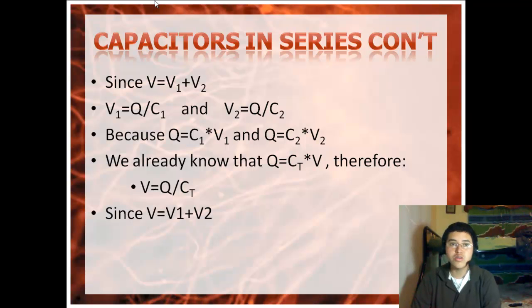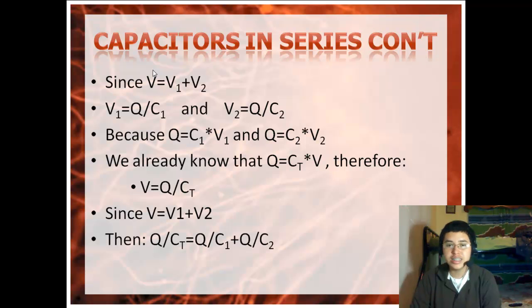And since also, as we have said up here, the total voltage equals the summation of the individual voltages, we can then say that the charge divided by the total capacitance equals the charge divided by the first capacitance plus the charge divided by the second capacitance, as seen here.